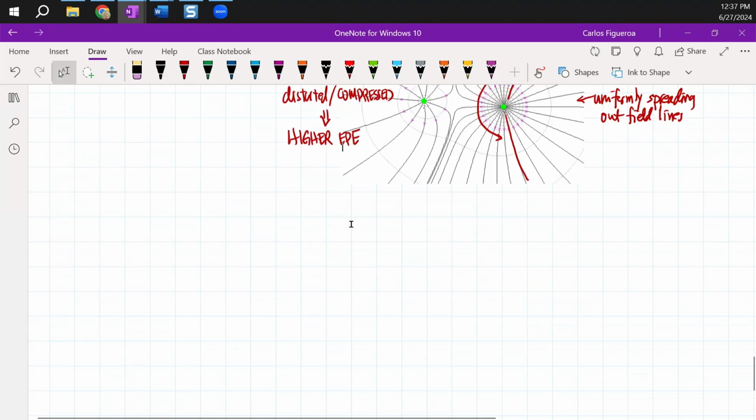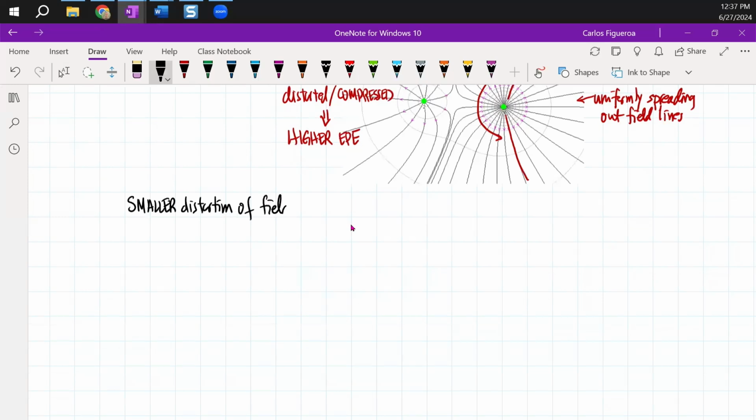And so I could then say that if I have a smaller distortion of field lines, then I'm going to have a lower amount of stored work, which we then call the potential energy.